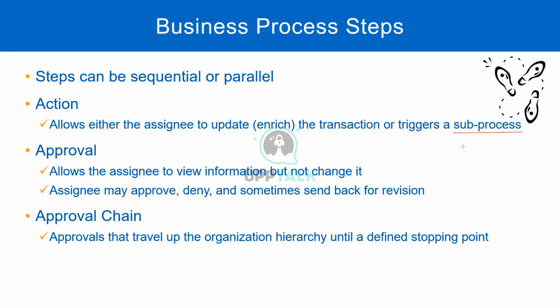So if I talk from the perspective of the higher business process, then the proposed compensation higher is a sub-process because the higher process triggered that particular business process. And in that business process, there can be some other steps. So if I trigger another process from within a business process, we call that a sub-process.